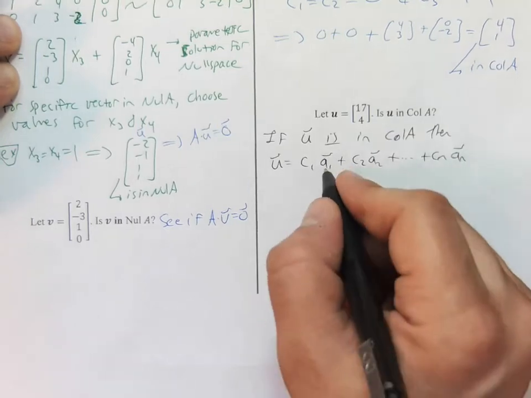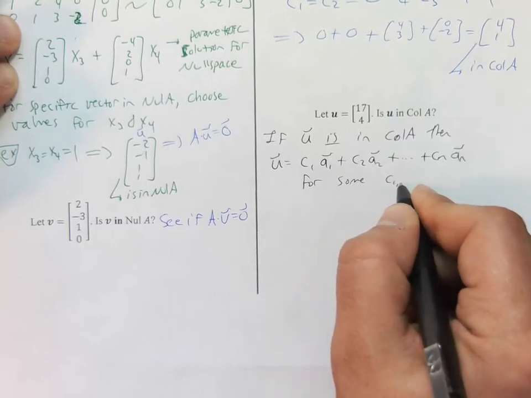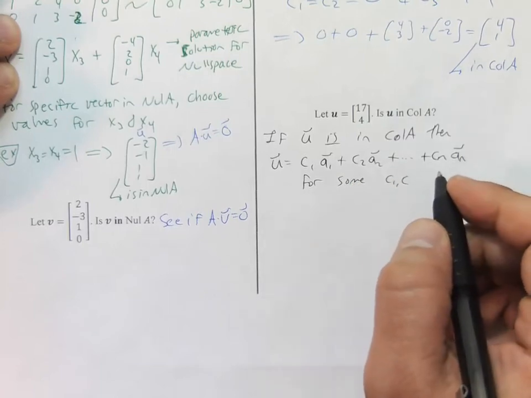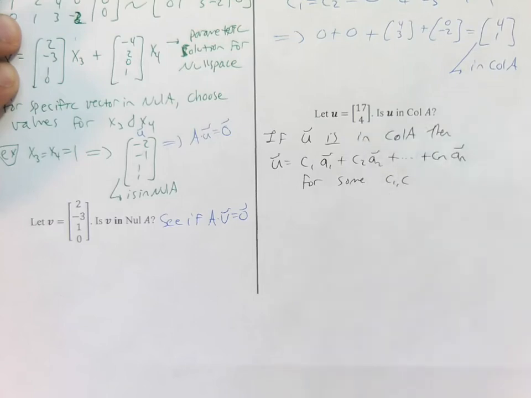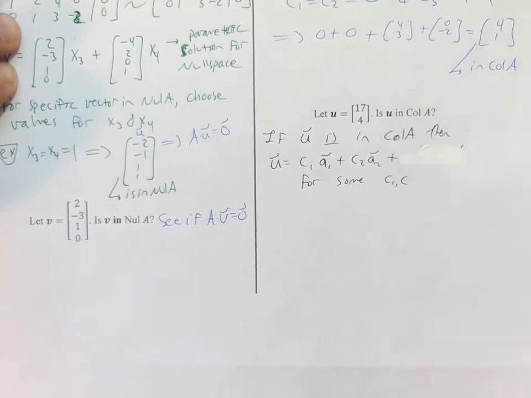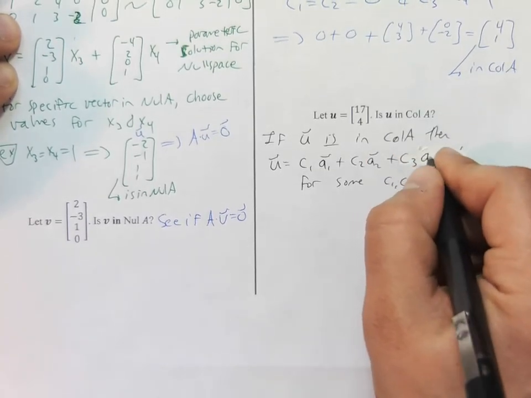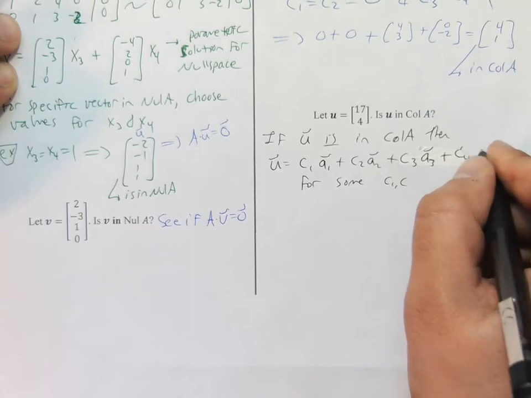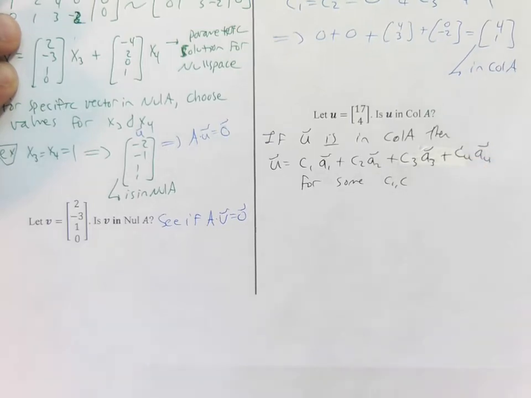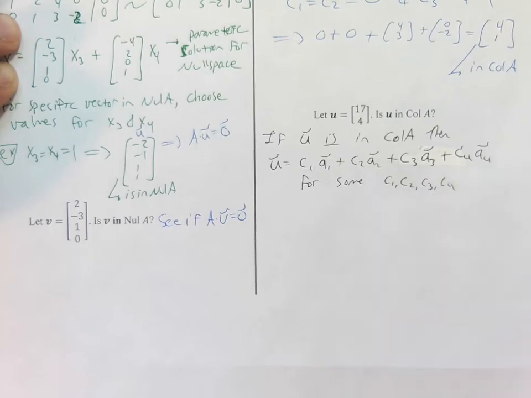And so for some constants, there's only 4 of them here, so it's not up to Cn, it's C1, C2, C3, C4. For some C1, C2, C3, C4.